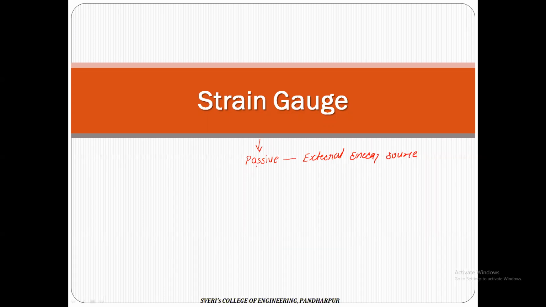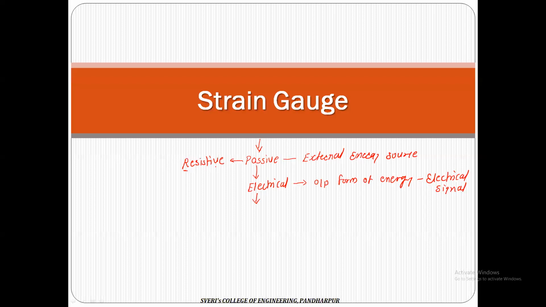Then this type of transducer is an electrical transducer, which means that the output form of energy is an electrical signal. And another point is that this is called a passive resistive type of transducer.